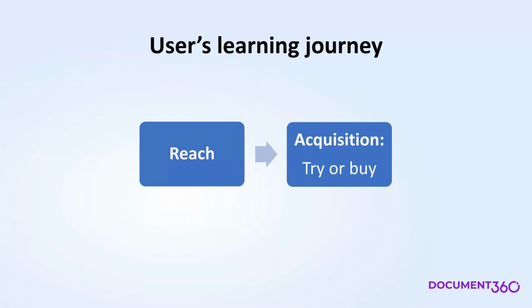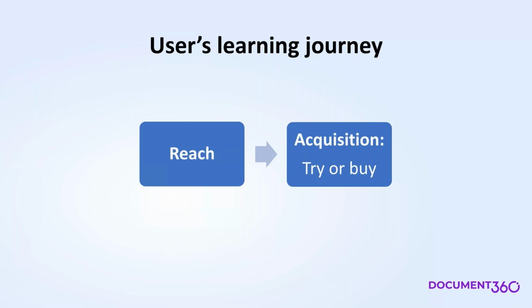While we are at the second stage, let's take an example of one of the authoring products that we use, that is TakeAuthor. While using that, let's say I first landed upon the website. That was the reach, where I discovered the product. And then I want to try it out, which is the acquisition or the buying phase.